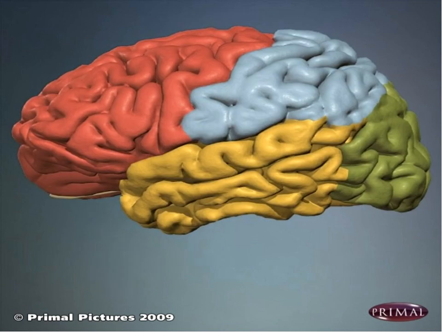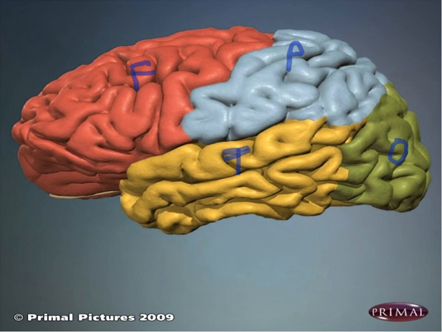Okay. So here in red, frontal, in blue, parietal, yellow, temporal, and green, occipital lobes. Okay.